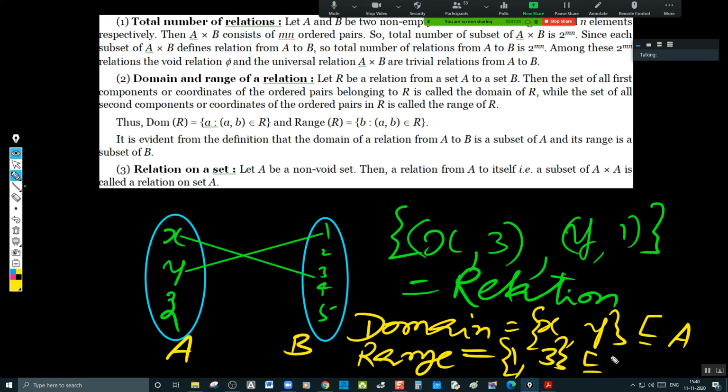Subset of B. You can take all the elements also, but according to this relation, you have to understand that it is a part of set B. Range is a part of set B. And in further functions also, you'll be getting it like that. Range is a subset of the codomain. We call it that range is a subset of codomain.